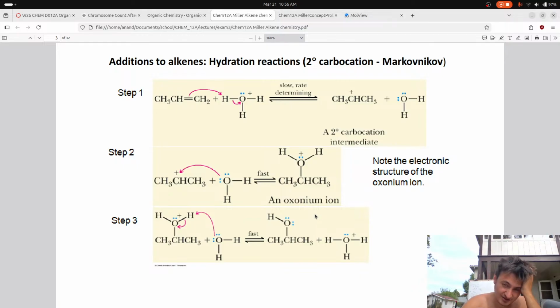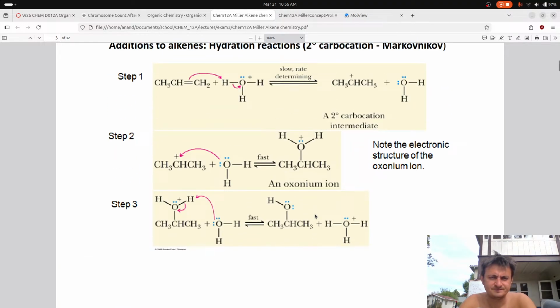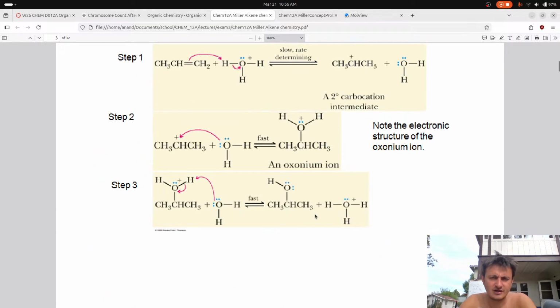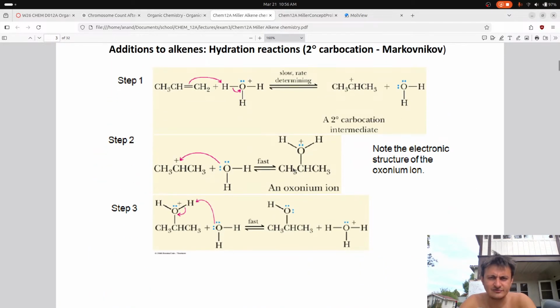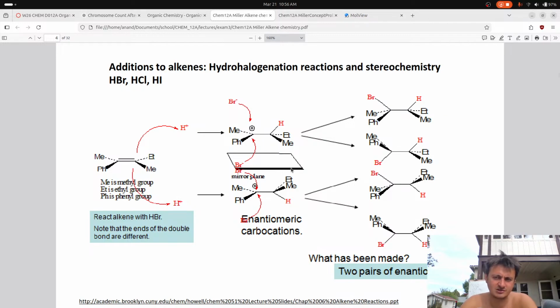But the thing that I wanted to say was, I don't think that the hydration reactions have any stereochemistry. The hydrohalogenation also has no stereochemistry, but we'll see that the halogenation, where you add two halogens across the double bond, is stereoselective.